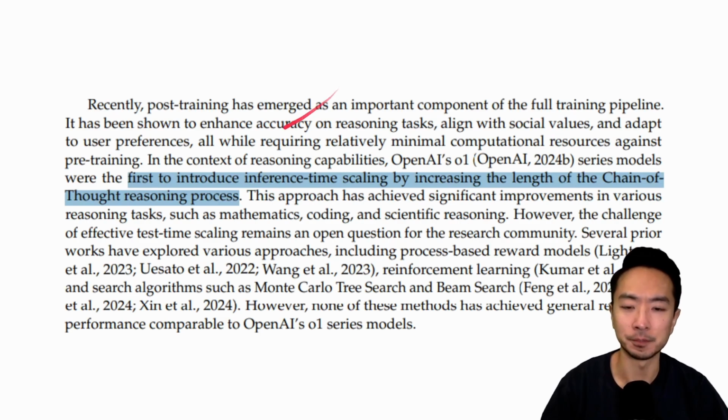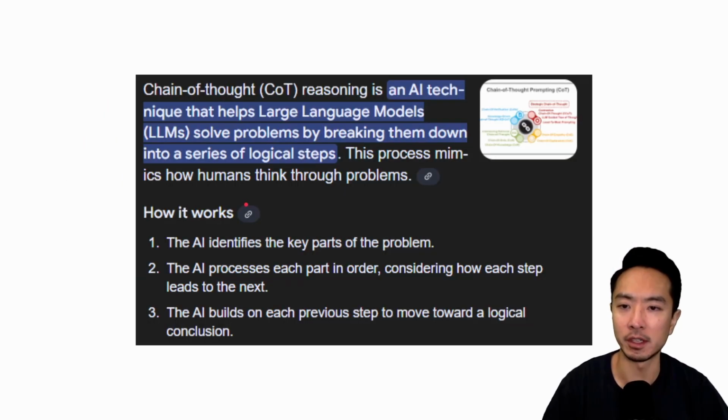paper mentions. So here you can see one thing that they focus on is they try to introduce inference time scaling by increasing the length of the chain of thought reasoning process. This chain of thought reasoning process is kind of what we do, where we focus on a step-by-step approach. If you ask Google for the definition, this is what it says. Chain of thought reasoning is an AI technique that helps LLMs solve problems by breaking them down into a series of logical steps.